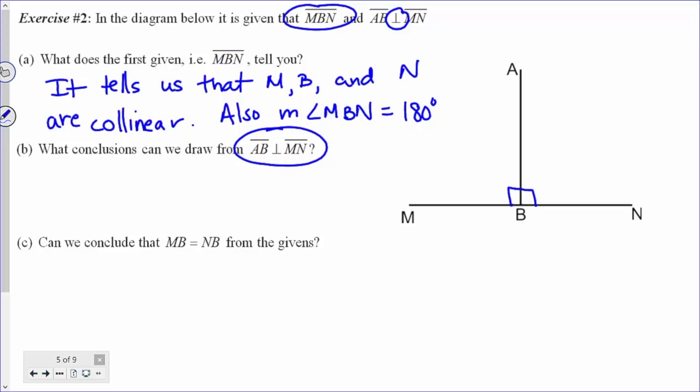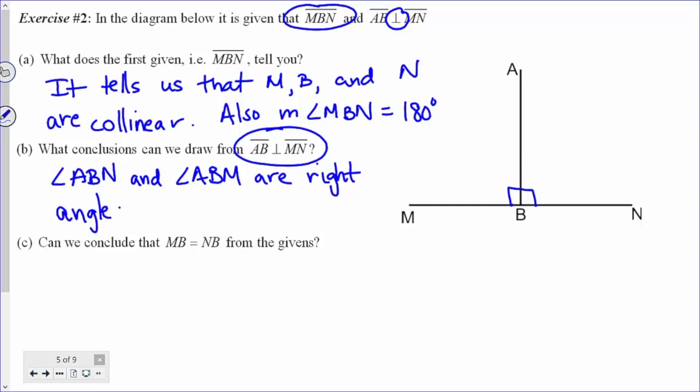What we can say from that is that angle ABN and angle ABM are right angles, or equivalently, they measure 90 degrees.